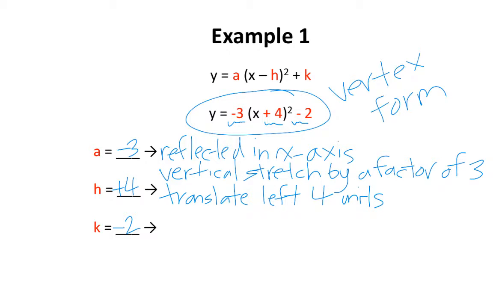And last but not least, the k value determines if the parabola is translating upwards or downwards. Since the k value is negative, that means the parabola is translating downwards by 2 units.